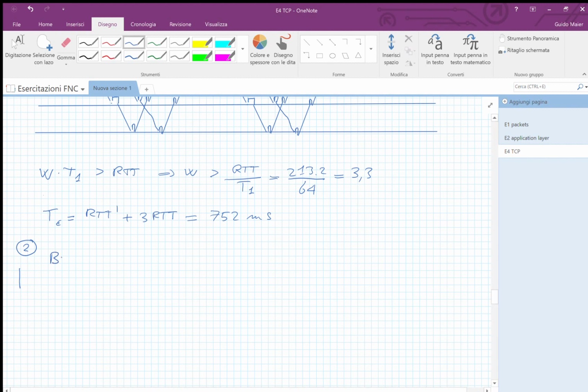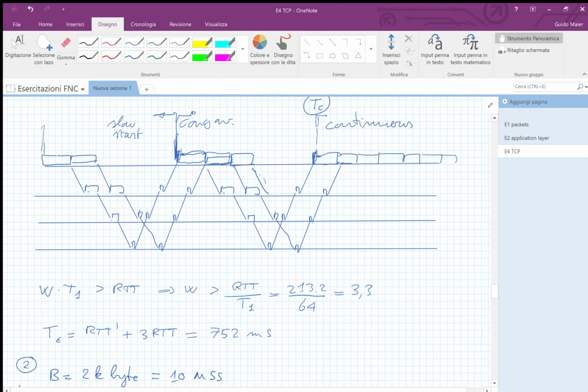The file has a length of 2 kilobytes. Okay, 2 kilobytes means that it is equal to exactly 10 maximum segment size. So all the segments will be equal, have a length of a maximum segment size. And we have to send a total of 10 maximum segment size.